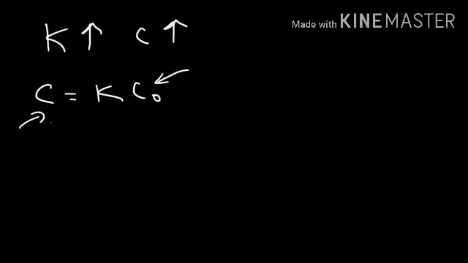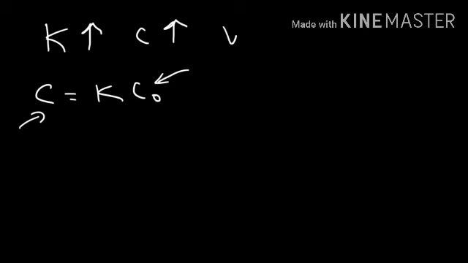As you increase K, the capacitance will increase. So it's very useful to use a dielectric. You can store more charge per volt. C is equal to K times C sub naught, where C sub naught is the original capacitance without a dielectric, and C is the capacitance with the dielectric. So anytime you add a dielectric, the capacitance will go up.